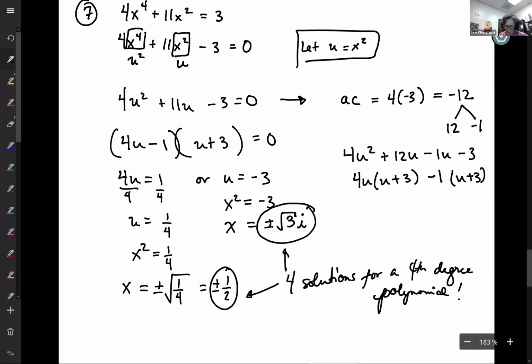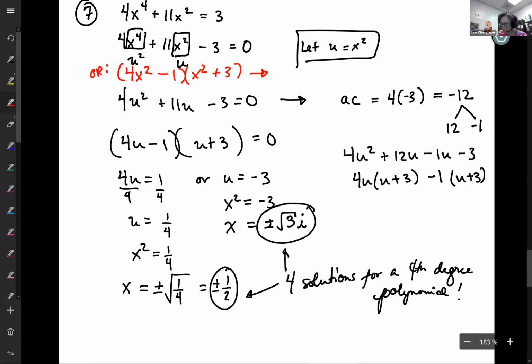And also, this is one where I could have factored it directly up here as 4x squared and x squared and minus 1 and plus 3 if I wanted to keep it in terms of x, and then just set each of those equal to 0 and solve for x. You could get the answers as well.